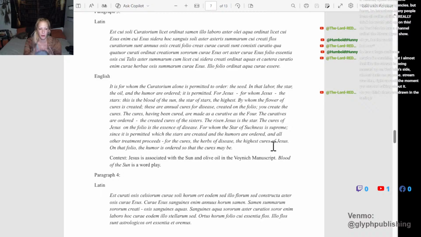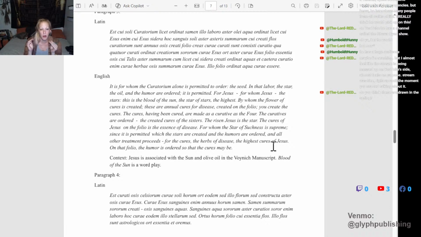The created cures of the sisters. The risen Jesus is the star. Okay? The cures of Jesus on the page is the essence of disease. Okay? Again, disease is associated with the cures at the same time. Okay? This is important. It says, for whom the star of suchness is supreme.